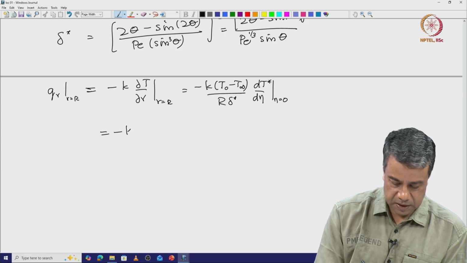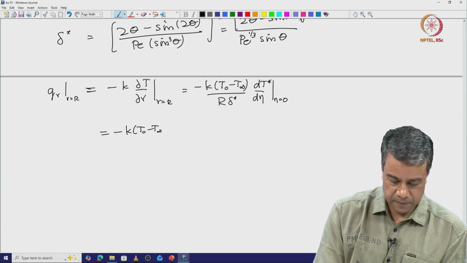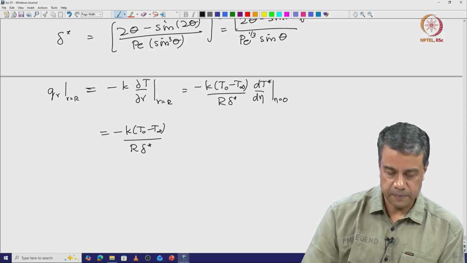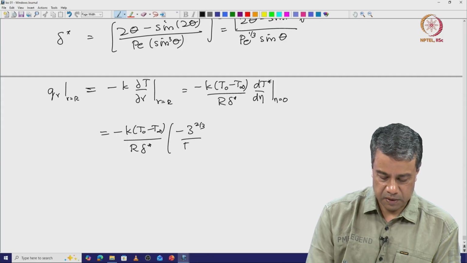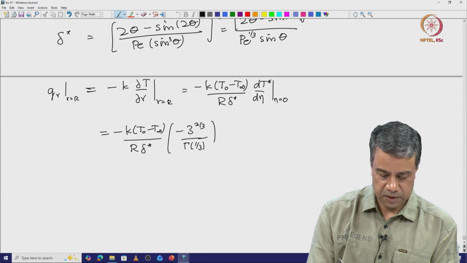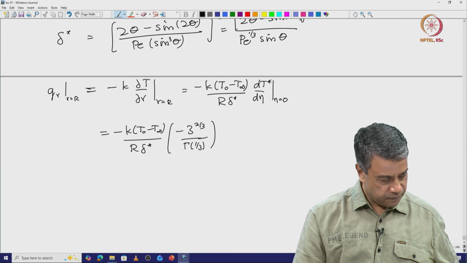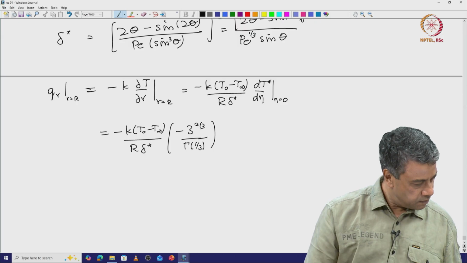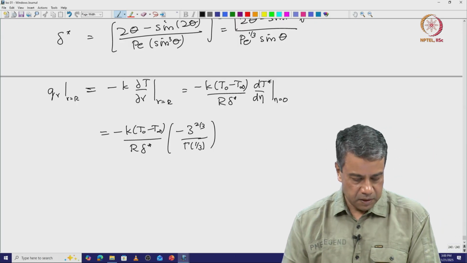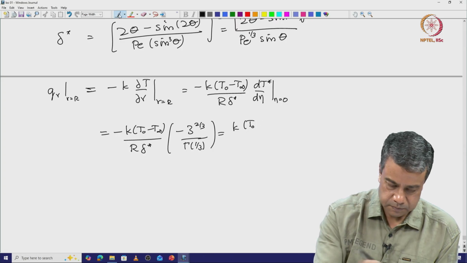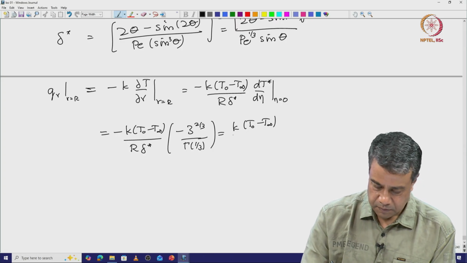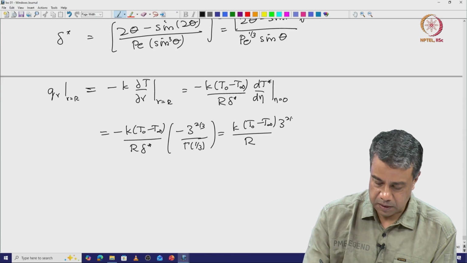So this is equal to minus k into (T_0 minus T_infinity) by R delta into, if you recall, minus 3^(2/3) by gamma of 1/3. This was just a constant value. So this is equal to k into (T_0 minus T_infinity) by R into 3^(2/3) by gamma of 1/3 and this delta.